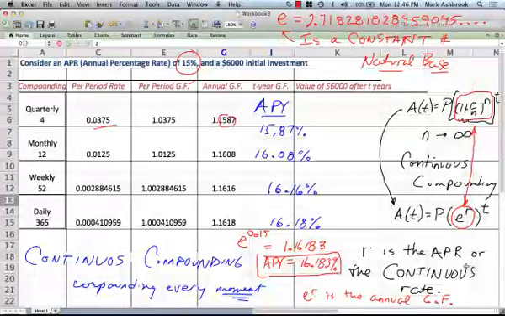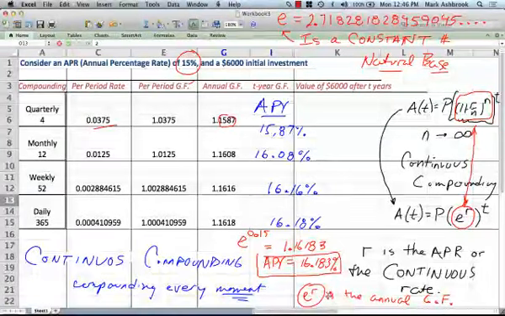It's not reflective of the compounding. So this combines it with the compounding, and e to the r is your annual growth factor. The annual growth factor is 1.16183, therefore the true rate of increase is 16.183%.